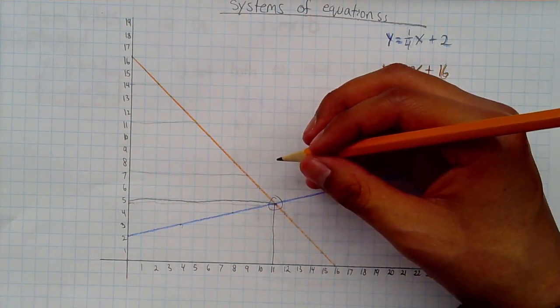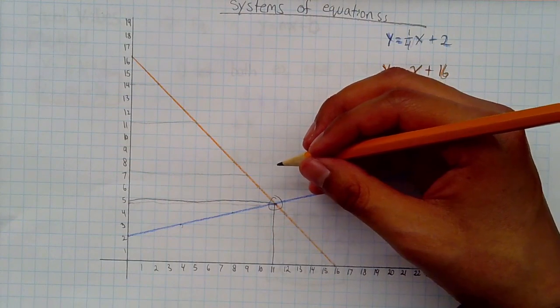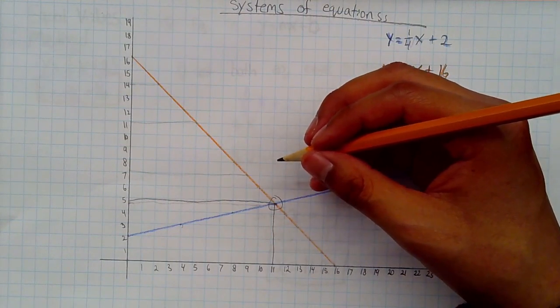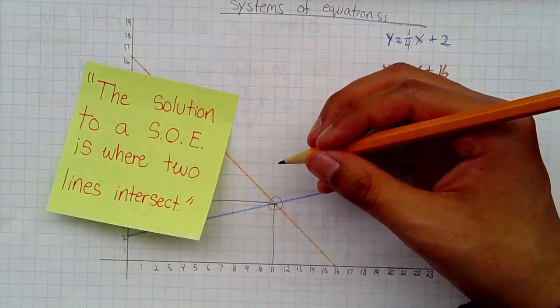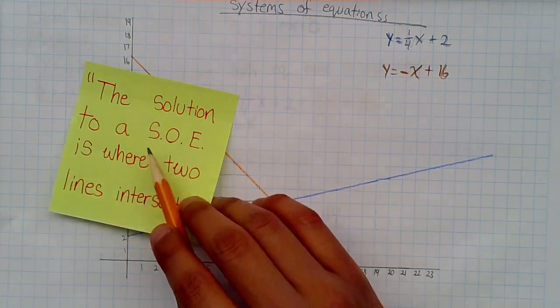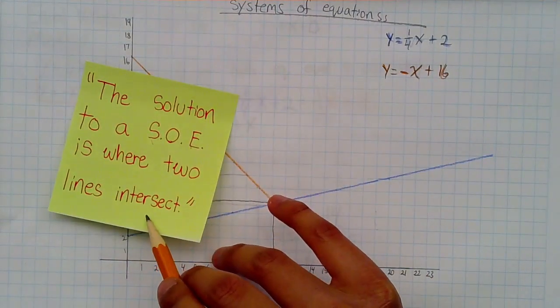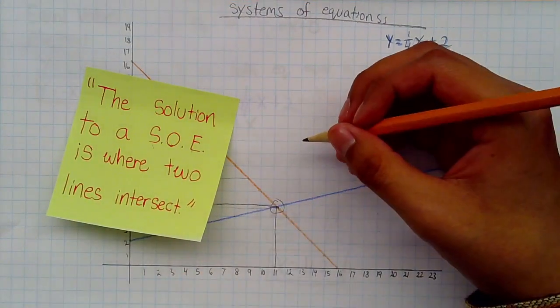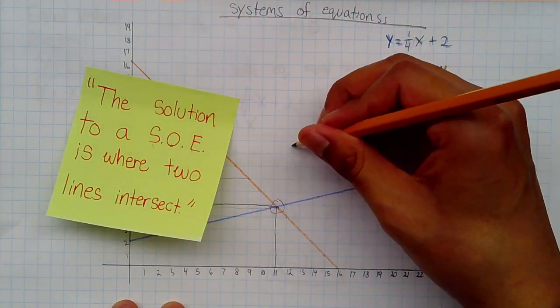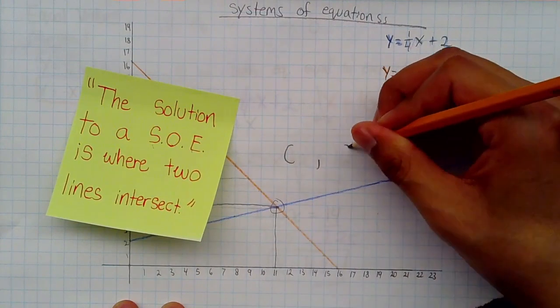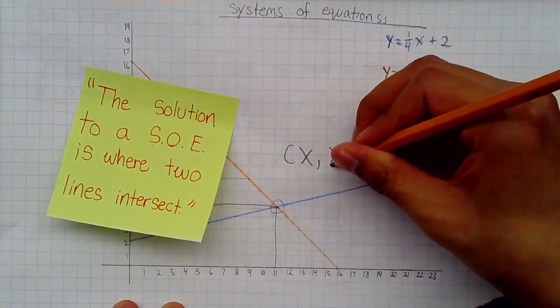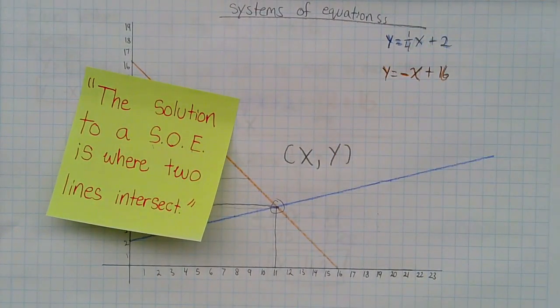The next thing I'm going to say is the most important thing for this chapter that you weren't here for. The solution to a system of equations is where two lines intersect. The solution is going to be a coordinate pair x, y. And that coordinate pair is going to be where these two lines intersect.